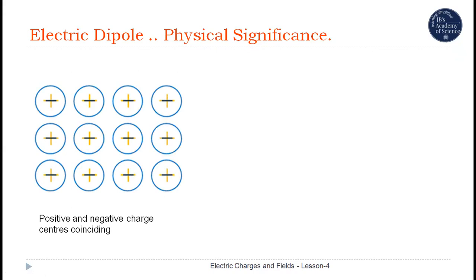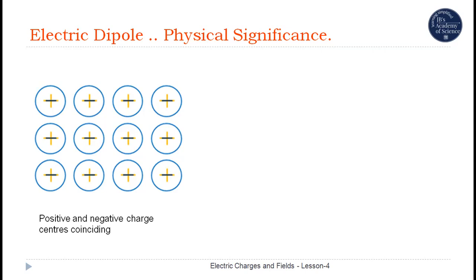Now if you take molecules of most substances, there are positive charges and negative charges in the molecules. Now in most cases, the negative charge center and positive charge center of a molecule coincide.